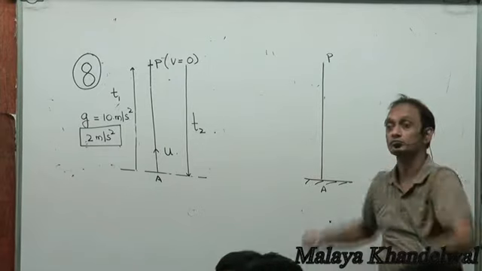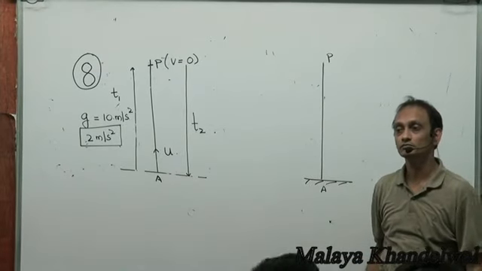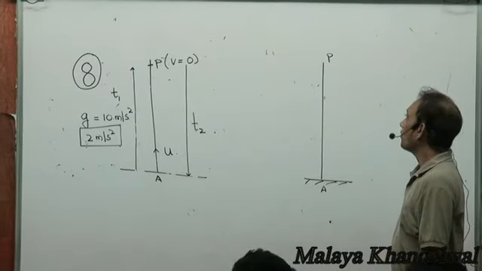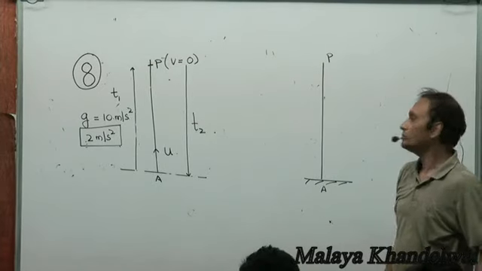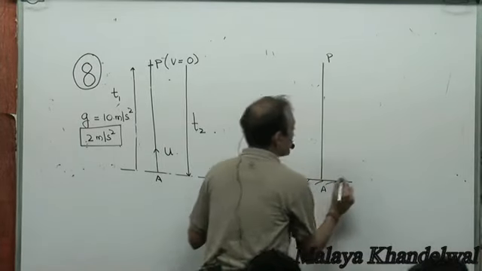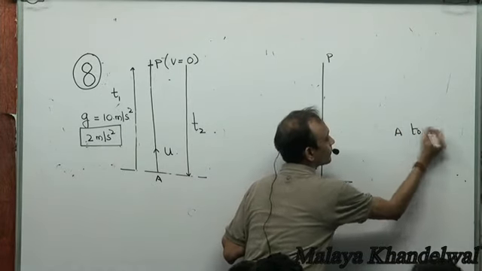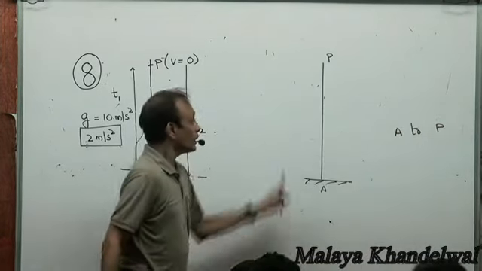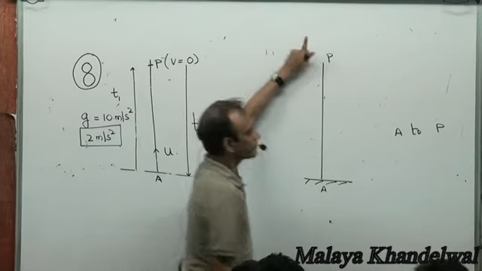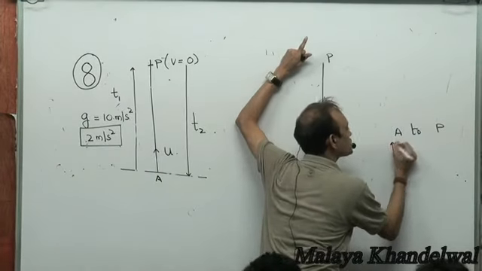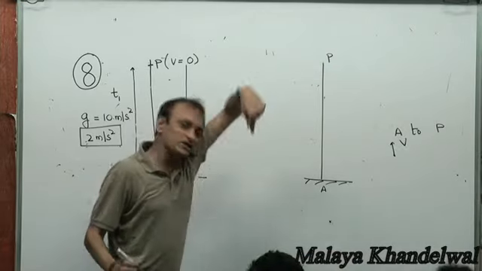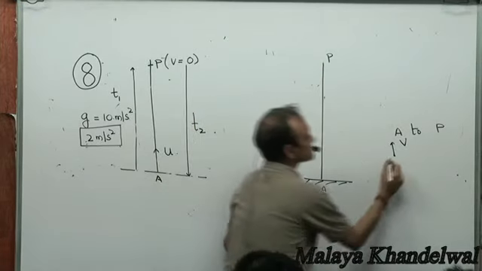Right? Now, during its journey from A to P, its velocity is upwards, right? Its velocity is upwards, but g is anyways downwards at all times.